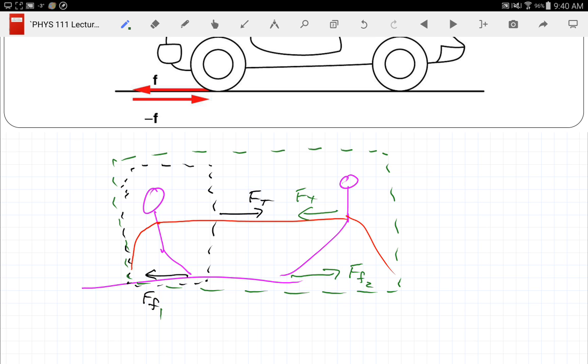Now those forces of tension, because they're the same rope, and of course we're doing an ideal rope here, and it's a pretty darn good approximation with the ideal rope, those forces of tension are equal. So if I have these two equal forces pointing in opposite directions, what do they add up to? 0. And so then I'm left with force of friction 1 and force of friction 2, and what decides which team wins? The one that's getting the higher friction.